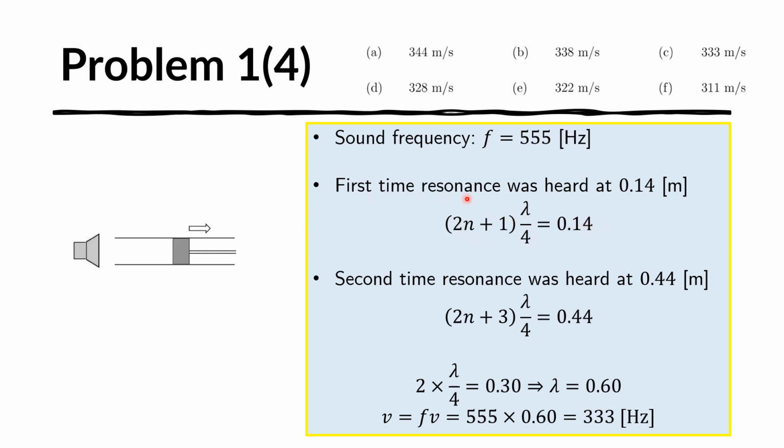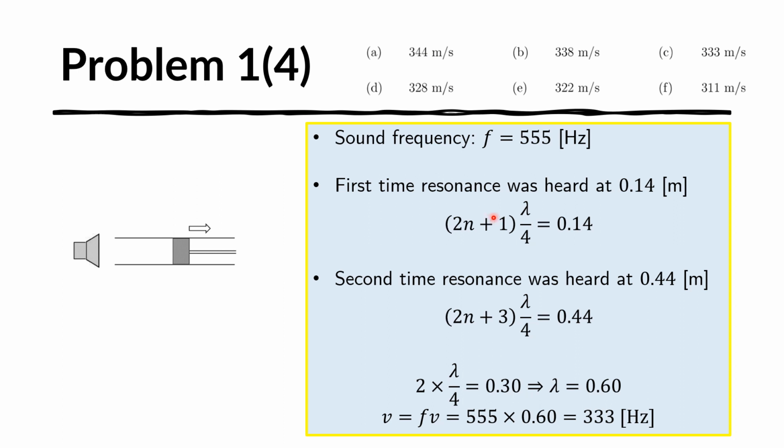So the first time that resonance was heard is at this length. That is the length from the open end to the piston, so that is the length of the tube. And we know that this happens at 1/4 the wavelength times some odd number.